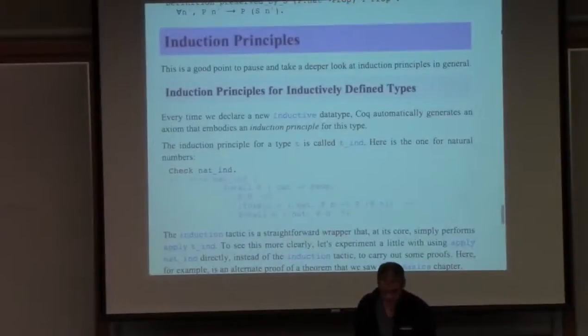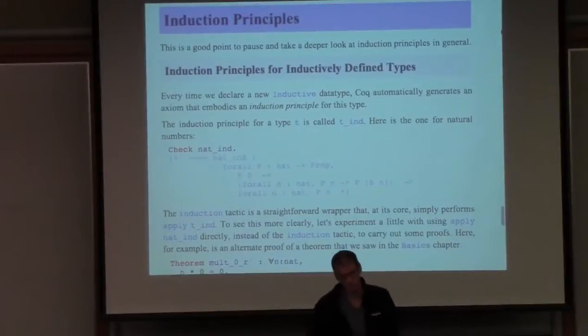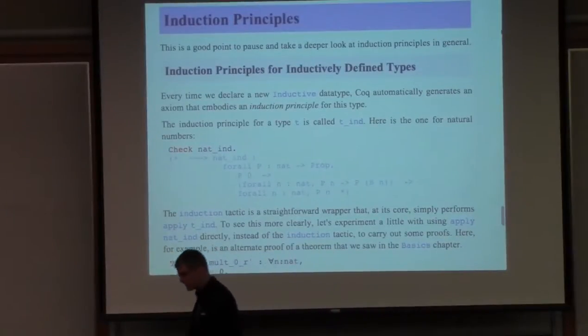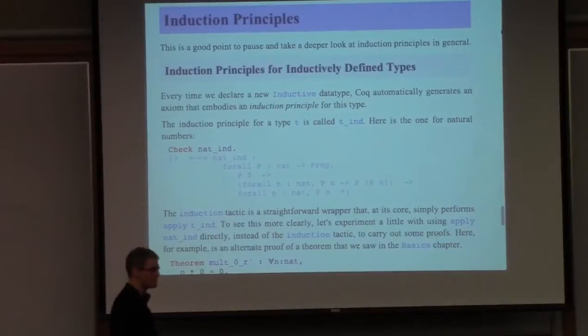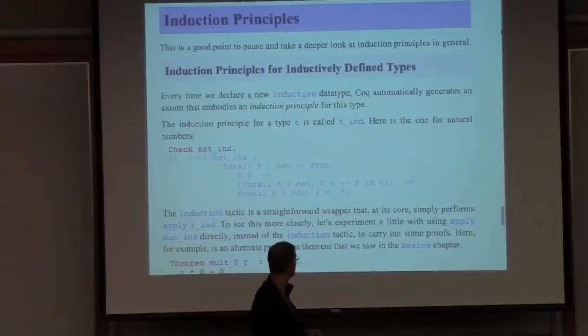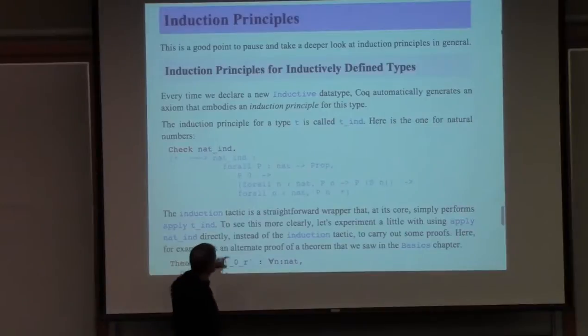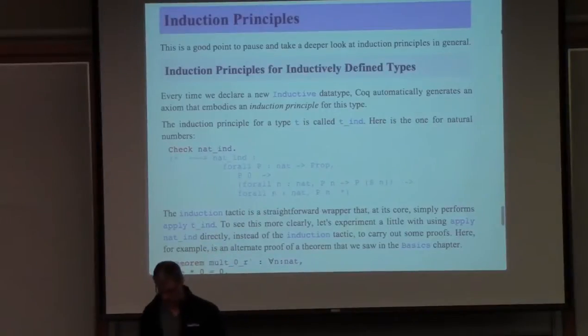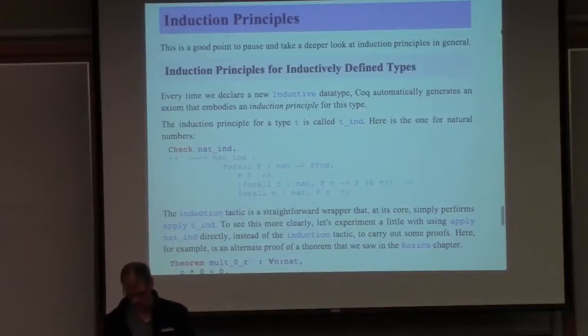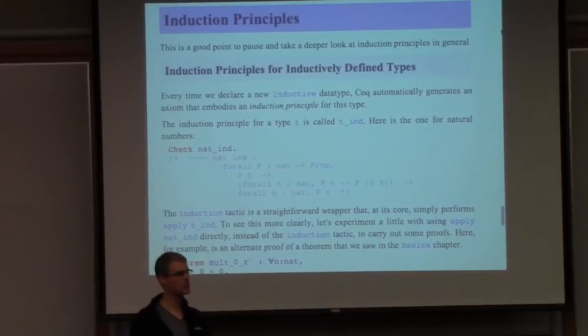All right, last thing in this chapter is induction principles. So, of course, the thing that we were looking at a second ago is a little piece of the induction principle for natural numbers. And indeed, the induction principle for natural numbers is nothing very different from the rest of what we've been looking at.